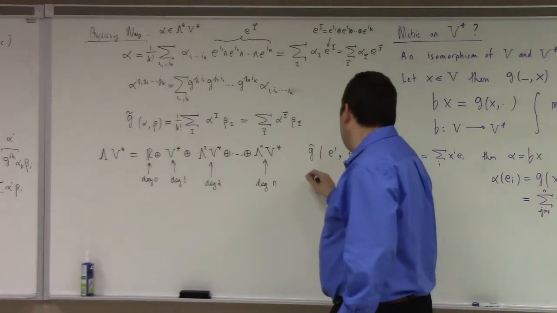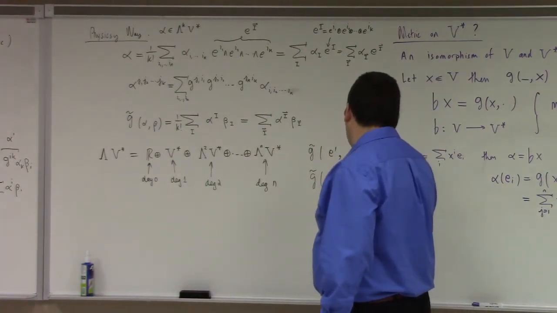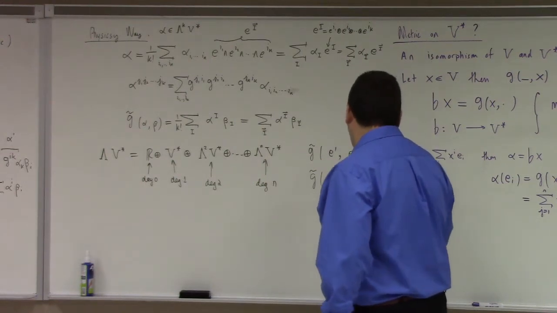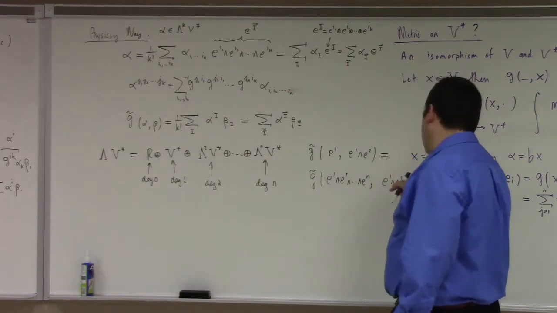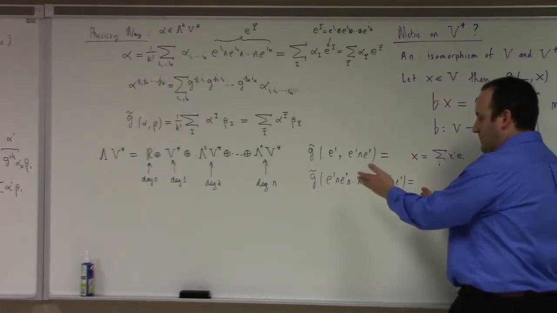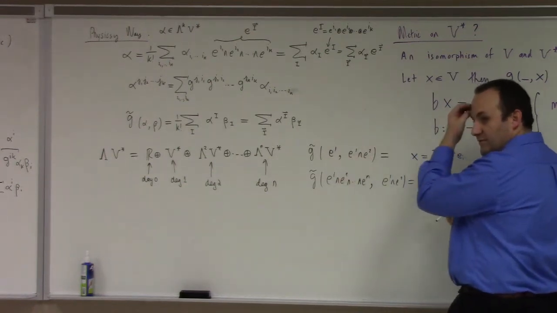Or what would G tilde be on E1 wedge E2 wedge through En and E1 wedge E2? I mean, these kinds of things where we're taking the metric of terms of inequivalent degree. What should it be?